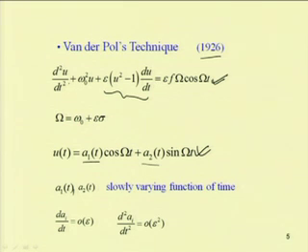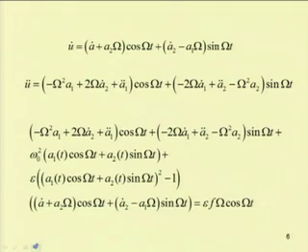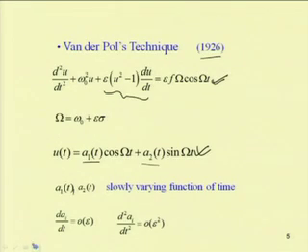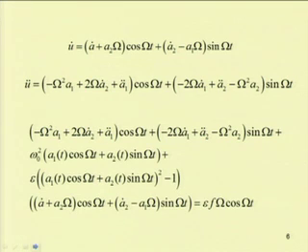Last class we considered this method. By differentiating the equation, we get u dot equal to (a 1 dot plus a 2 omega) cos omega t plus (a 2 dot minus a 1 omega) sin omega t. Differentiating again, u double dot equals (minus omega square a 1 plus 2 omega a 2 dot plus a 1 double dot) cos omega t plus (minus 2 omega a 1 dot plus a 2 double dot minus omega square a 2) sin omega t.